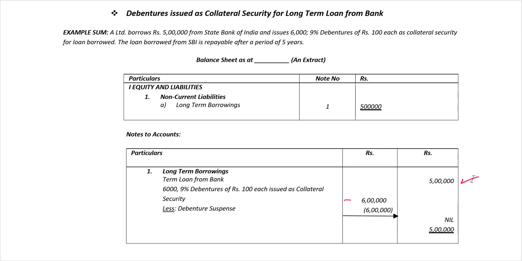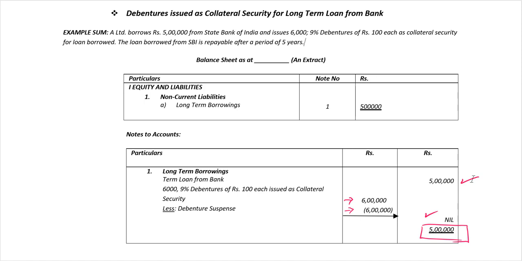In the inner column, we will write 6 lakh rupees and less debenture suspense, again a minus 6 lakh rupees, taking the amount to the outer column as nil, and the final amount of the long-term borrowing is 5 lakh rupees. And this amount will be depicted in the balance sheet extract in part 1 equity and liabilities, 1 non-current liabilities, A long-term borrowings against note 1 rupees 5 lakh.